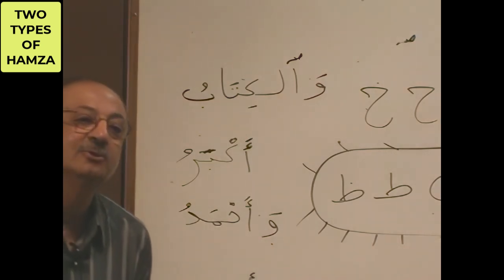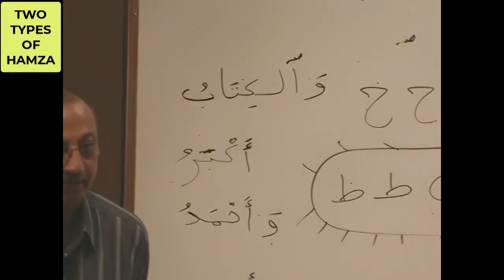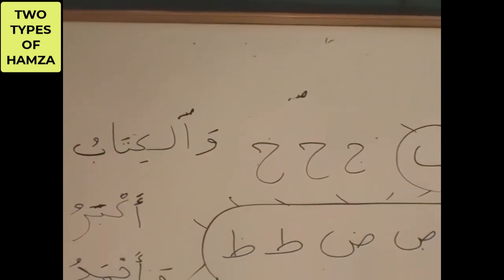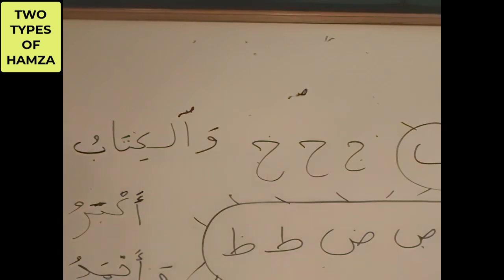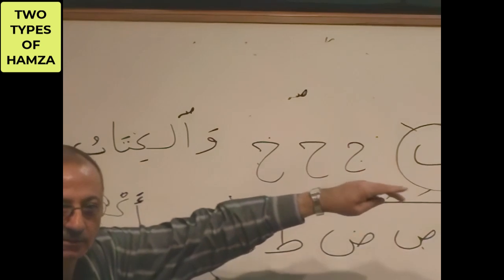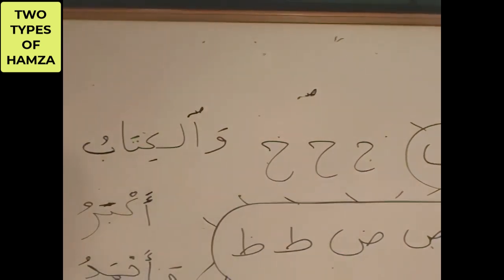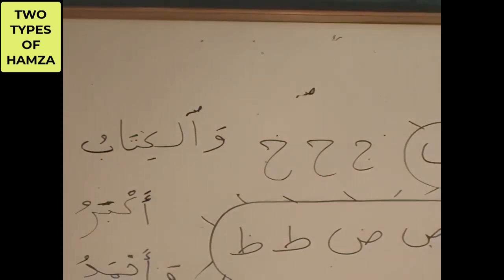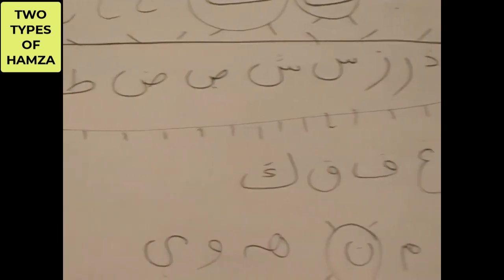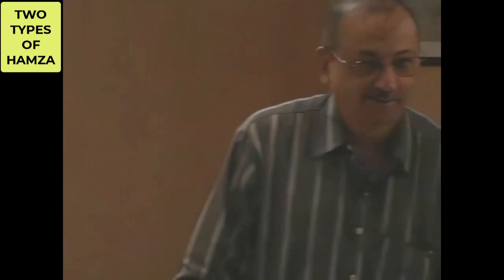This is for those who have difficulty identifying it. But once you get used to it, you know it. It's like the beginning of a small swad, okay? So this is what Hamzatul Wasal and Hamzatul Qata are. So the Hamza of al is Hamzatul Wasal, okay?